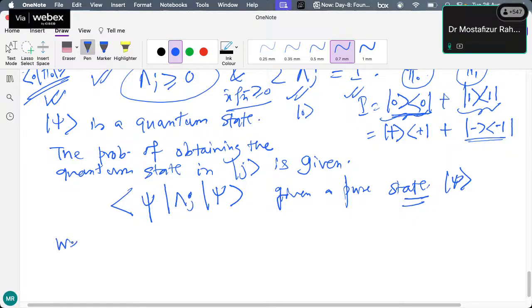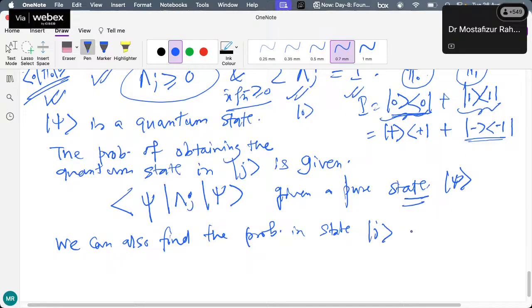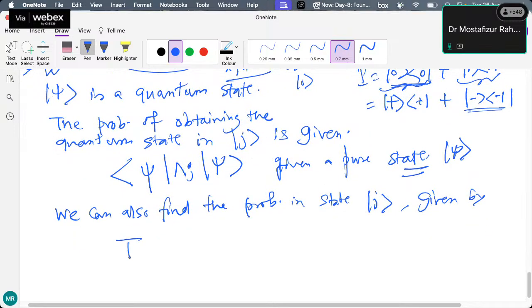We can also find the probability in state ket j, given by the trace of lambda j times rho. Lambda j is the particular POVM operator corresponding to the basis ket j. Calculating this quantity and that quantity gives the same result.